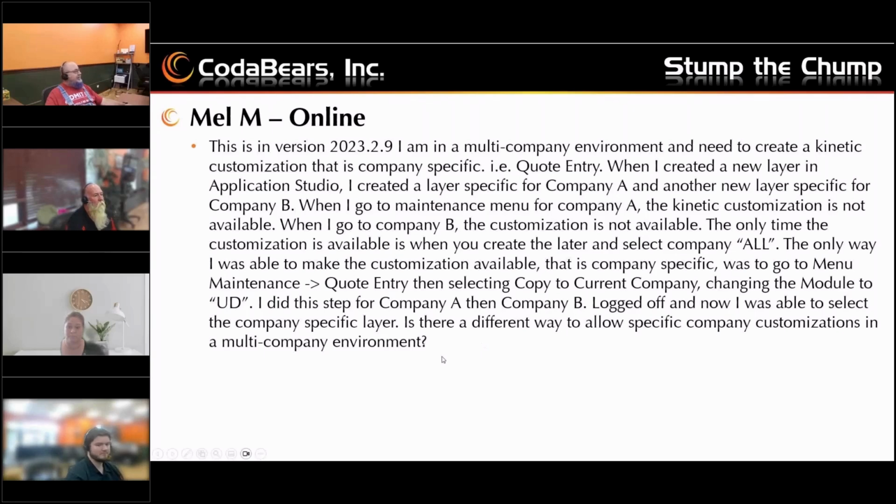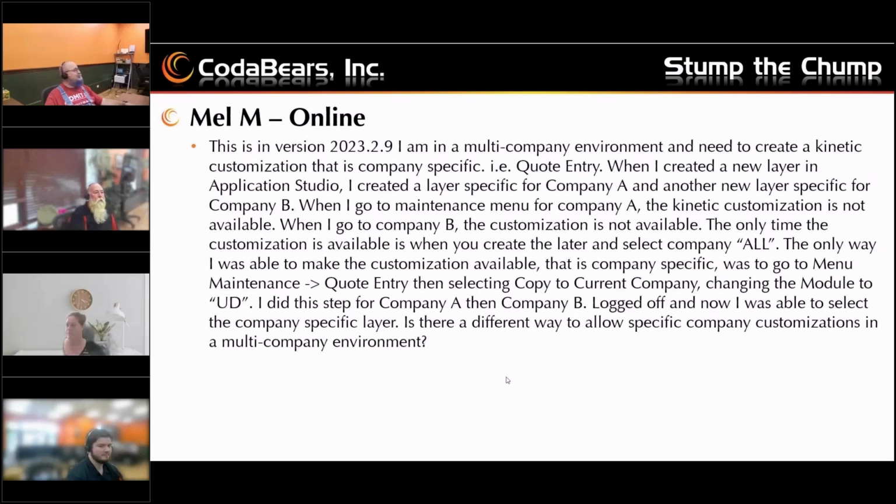Mel, you're going out on the edge here with the bleeding level of technology, trying to figure this out. If you do find a way to do this, if you can share it, I would just think that you would deploy the Application Studio to the menu, make another company version, and then make them company specific on the menu. That's what he's having to do.